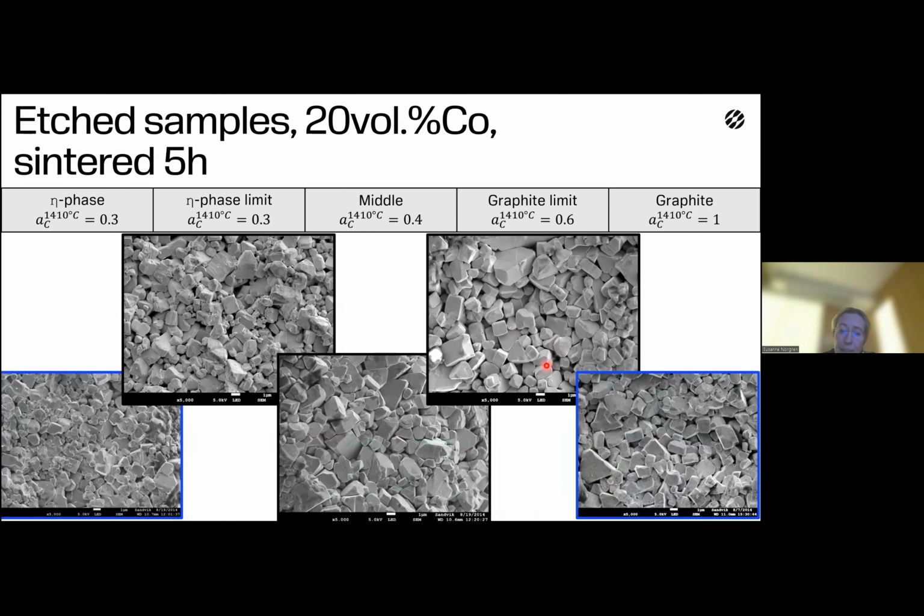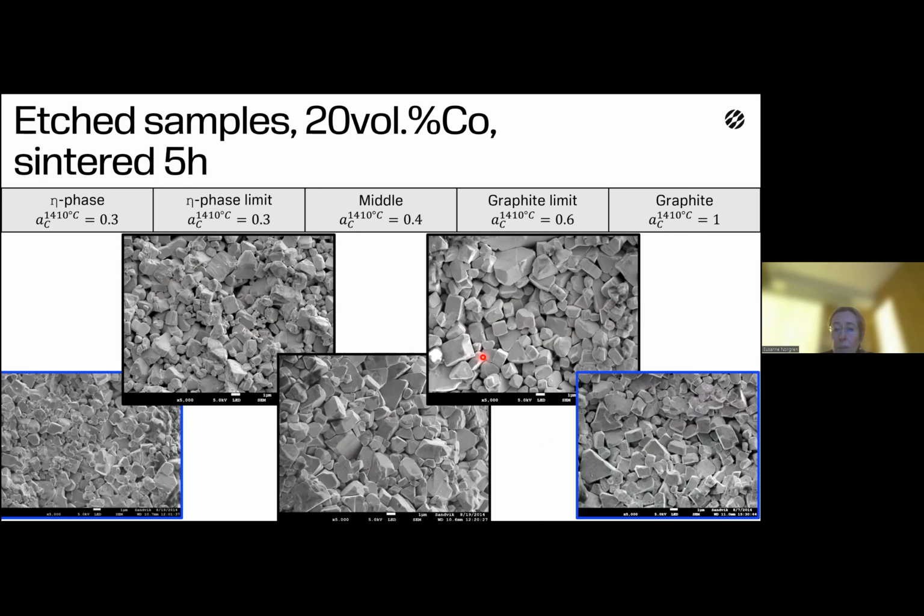And in this case, you can see that of course they have all grown, so they are larger, but the shape of the grains are more or less the same as it was after 1 hour of sintering, with these two being more equiaxed and this one starting to be more triangular when you come to the graphite limit, but still not as triangular as the one on the graphite limit.